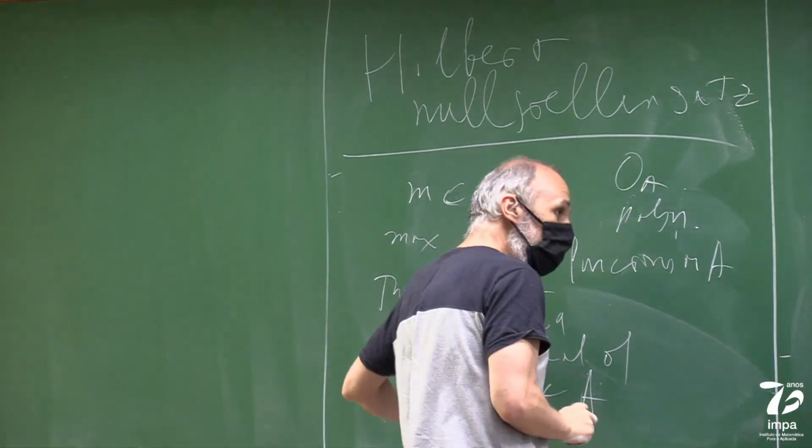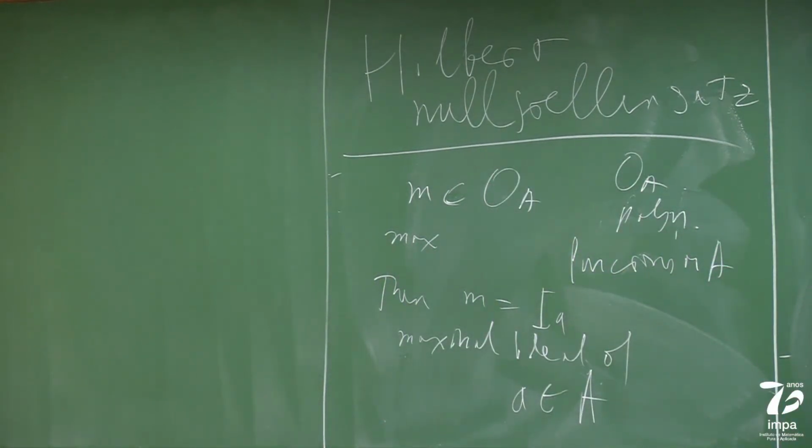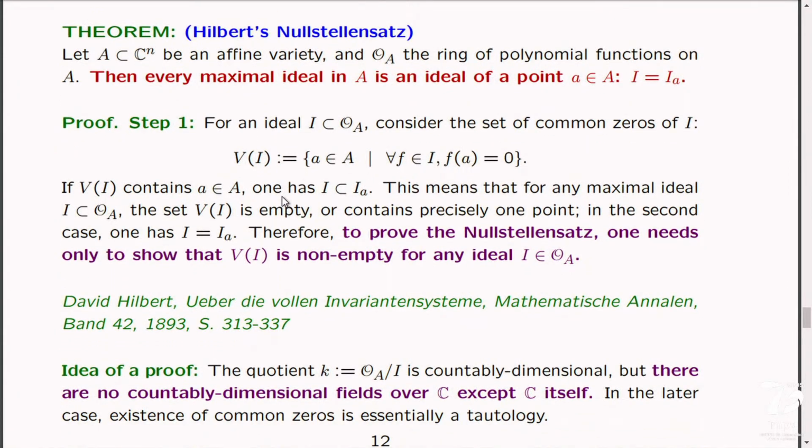There are no other maximal ideals except ideals of a point. So maximal ideals are always ideals of points. There is a bijection between points and maximal ideals, and this allows us to treat the maximal ideal geometrically and to build the relations between geometry and algebra very nicely.